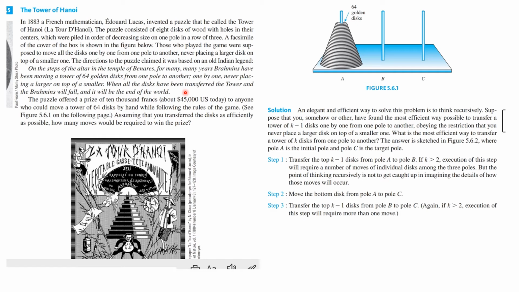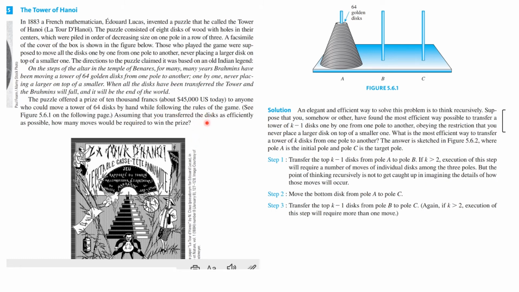When all the discs have been transferred, the tower and the Brahmins themselves will fall, and it will be the end of the world. The puzzle offered a prize of 10,000 francs, about 45,000 US dollars, to anyone who could move a tower of 64 discs by hand while following the rules of the game.